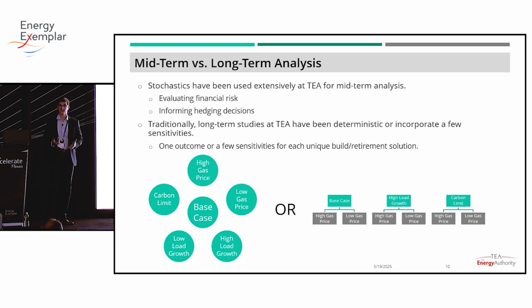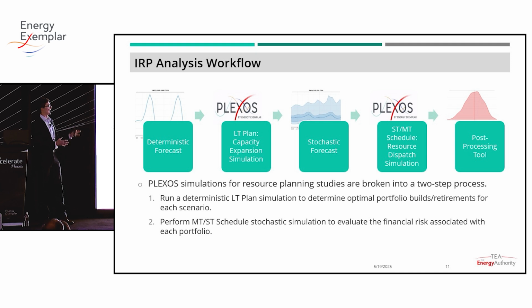We know what the expected outcome is as far as the financial metrics, but we don't know quantitatively what the risk associated with each of those decisions is. So that was the genesis of wanting to add stochastics into our integrated resource planning studies.